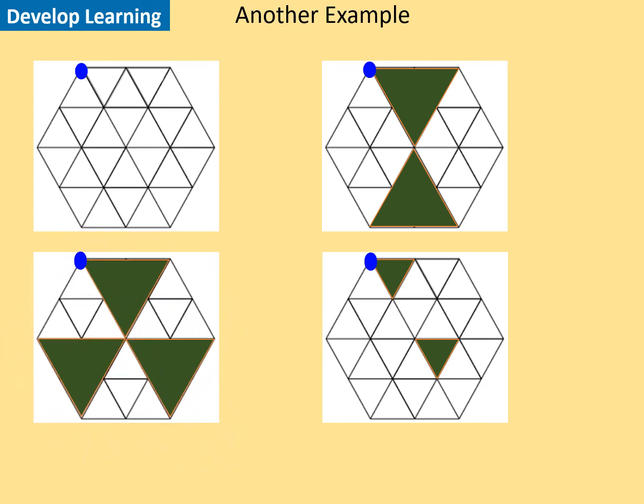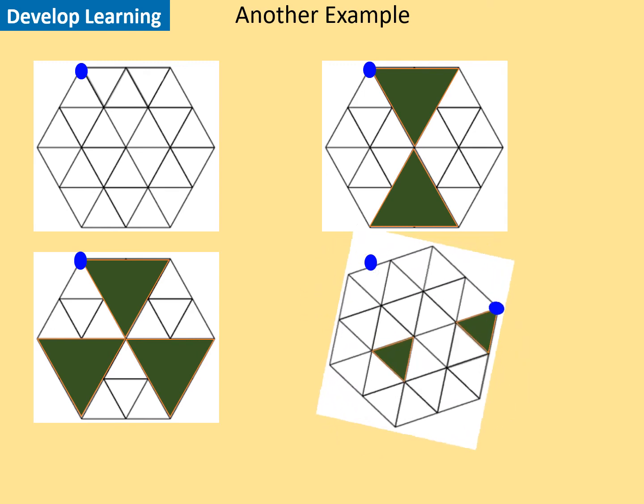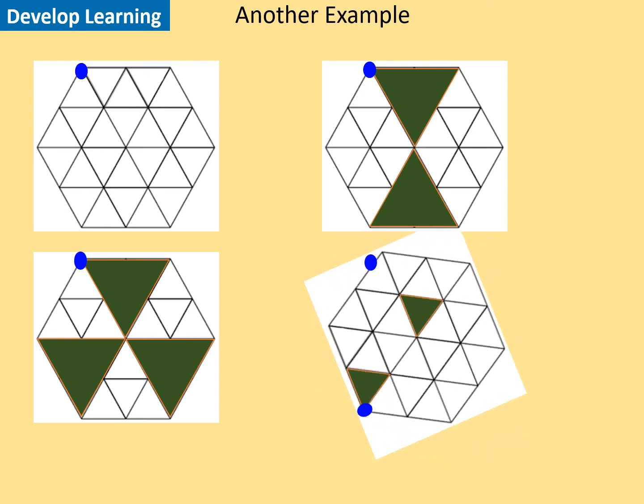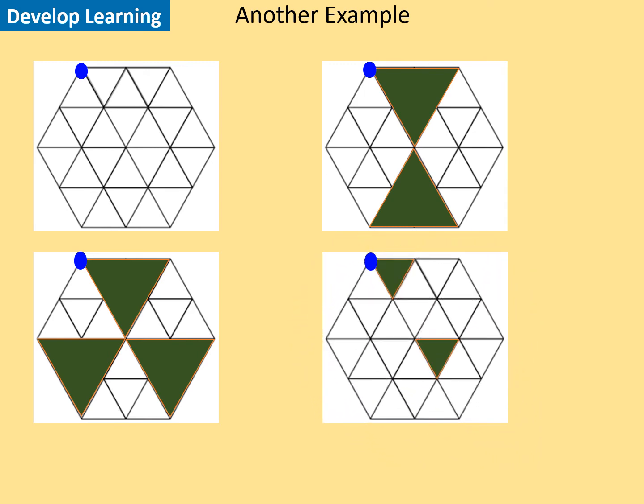So this one has order of rotational symmetry of 3. And finally, for the last shape, this exact pattern only fits into itself once. So that particular shape has an order of rotational symmetry of 1.